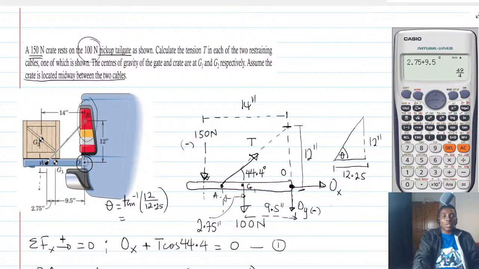That is what we are looking for right now. We know that the distance from here to here is 14, right? And then we also know that the distance from here is 9.5 plus 2.75. So to get this small distance, it is going to be 14 minus 9.5 minus 2.75.